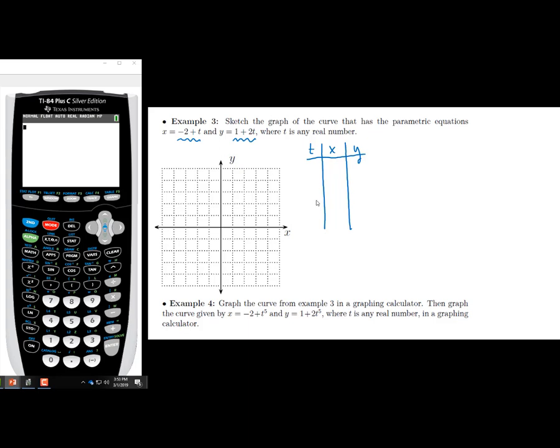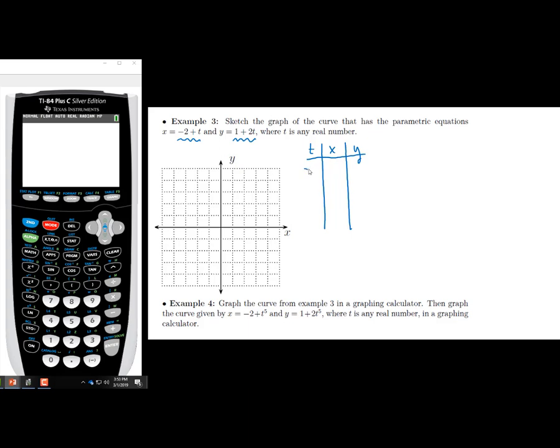And it doesn't give me any particular t values to work with necessarily. So let's just kind of think ahead a little bit here. My x value is -2 plus t. So obviously if I pick something like -20 for t, that's not very useful because I'd get x equals -22 and that's nowhere here on the graph. So let's be smart about what we pick.